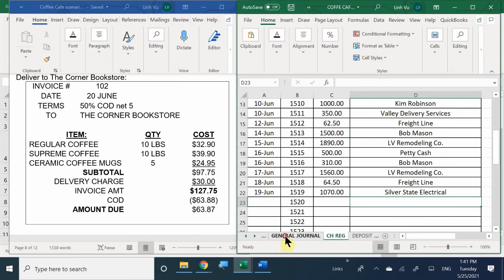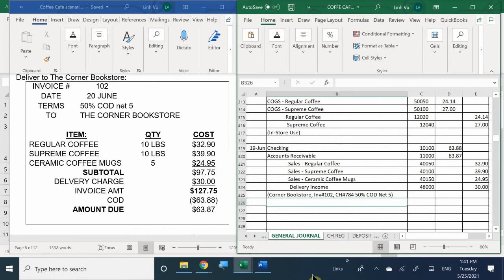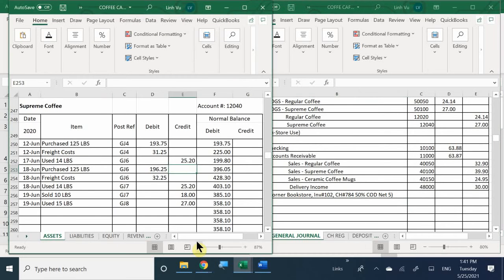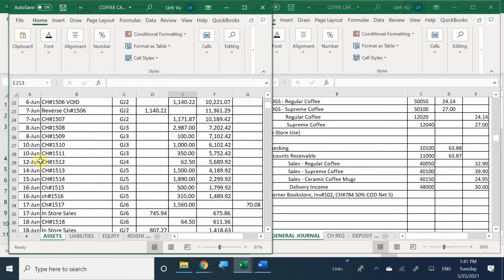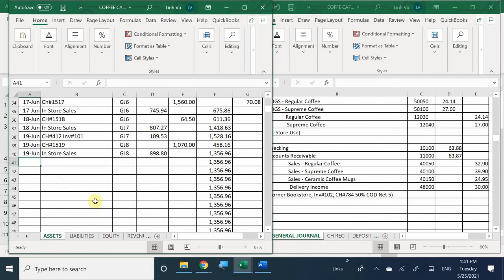So here, general ledger. I went to checking first. June 20, let's put check 784, invoice 102. We're still on GJ8.